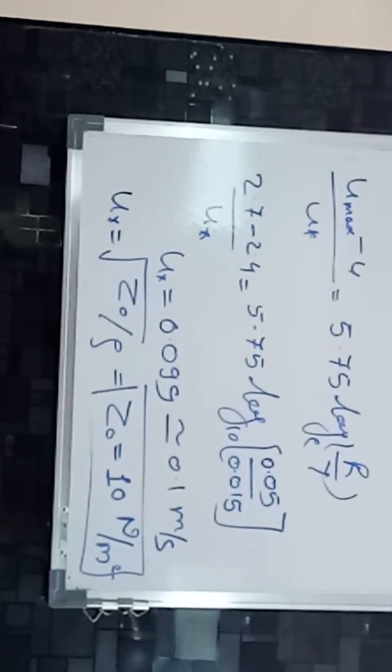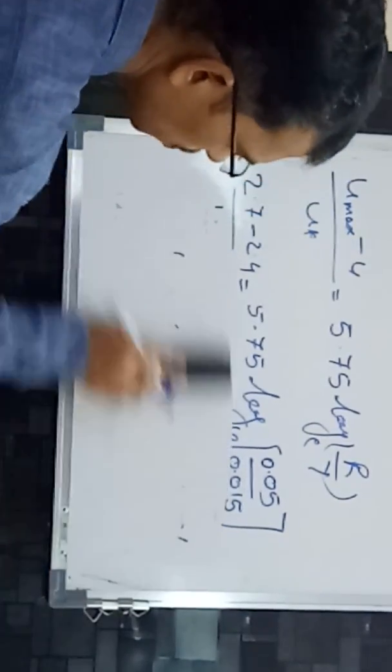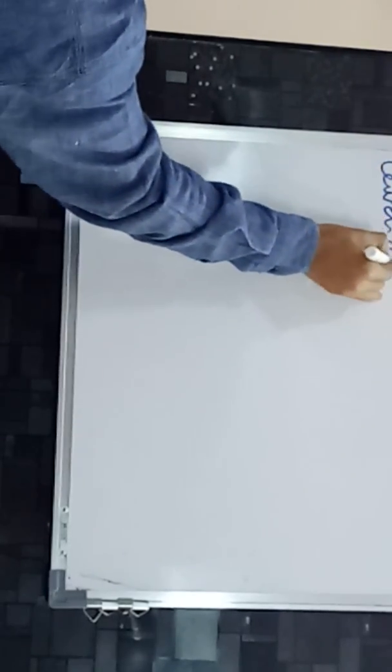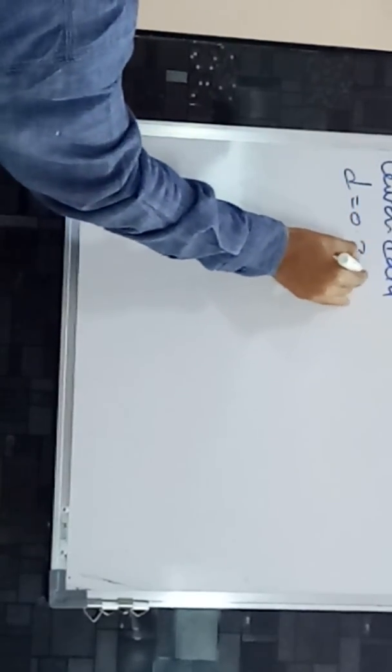First we'll write down the given data. It is very simple. What diameter is given? 0.3 meter.